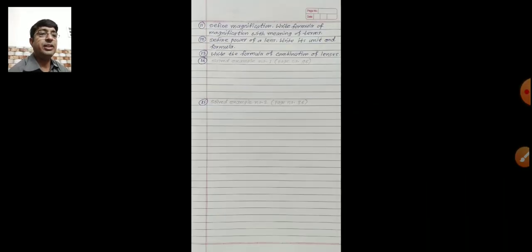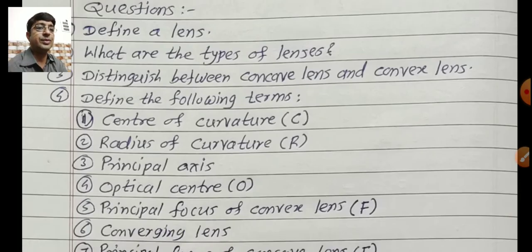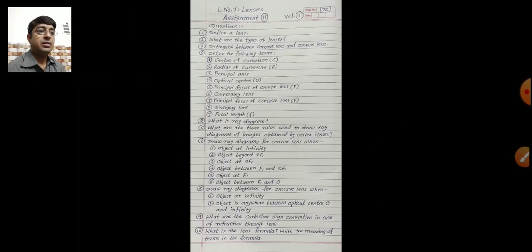Total 15 questions are there. All these question answers you write in your notebook. After observing the video carefully, try to write down the answers in your notebook. At the time of the next science 1 period, I will give the solution of this assignment number 11 also. Thank you.